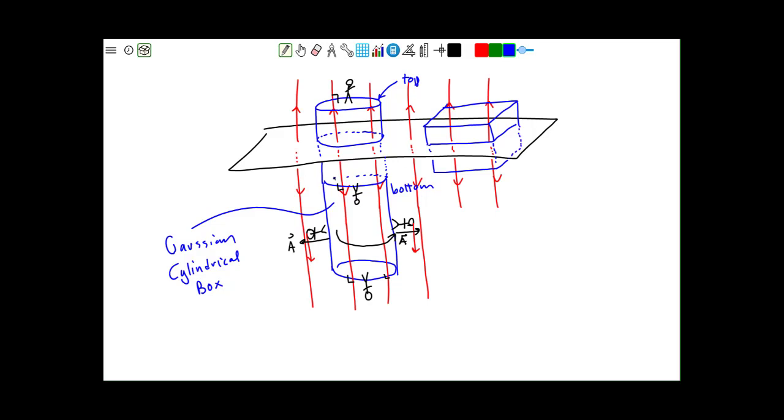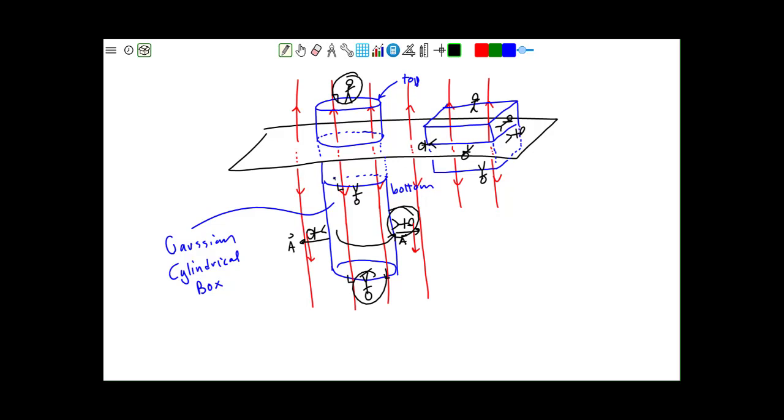Notice this box has 6 surfaces you have to look at. So there's the top surface, the bottom surface, right side, left side, front, and back. While the Gaussian surface has only 3 sides to deal with: a top, a bottom, and a side. So one, I have half as many sides to deal with. And you might be thinking, well, why does that matter? Well, I'm thinking ahead here.